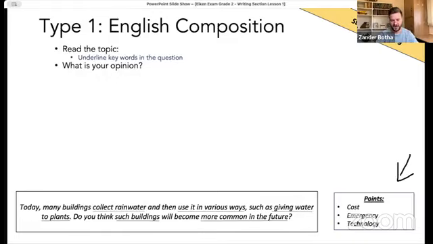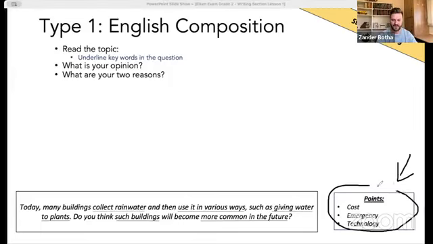Okay. So now that you have your opinion, the next step is to find 2 reasons for your opinion. Now, very, very important. Whether you agree or disagree, now you need to look at the points they gave you. So we have 3 points here: cost, emergency, and technology.